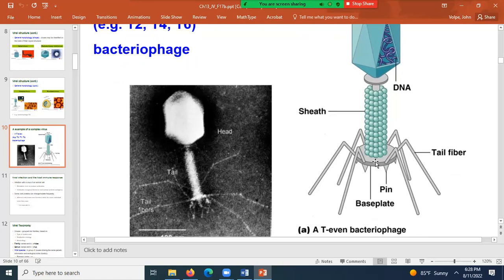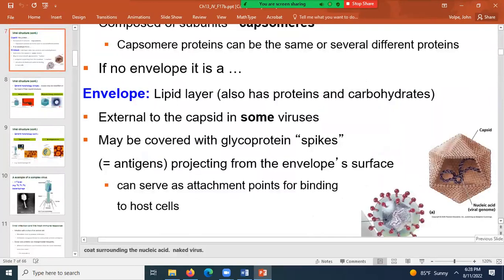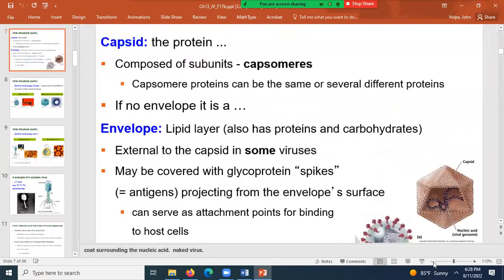And these are just different proteins. Any question about any of that? So in this protein coat of the virus, there's only one protein, and it's just repeated to make the protein coat.